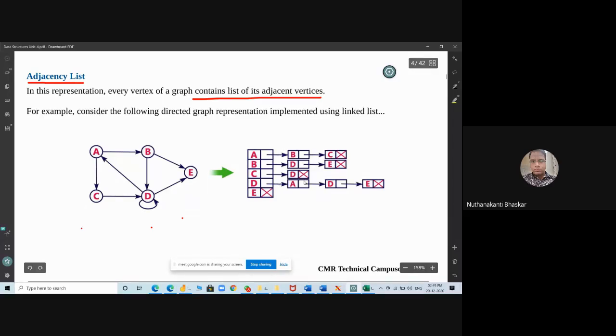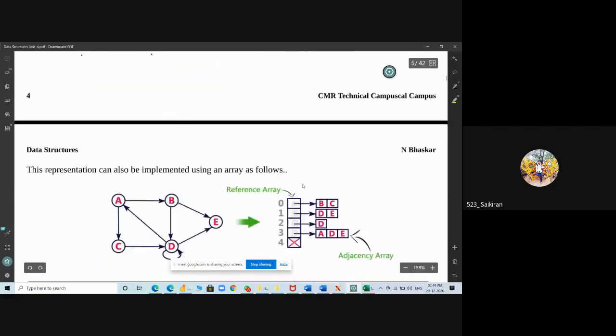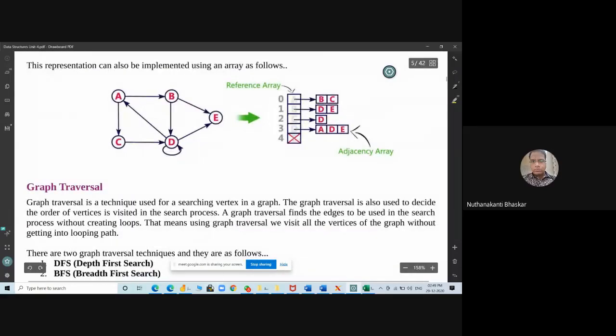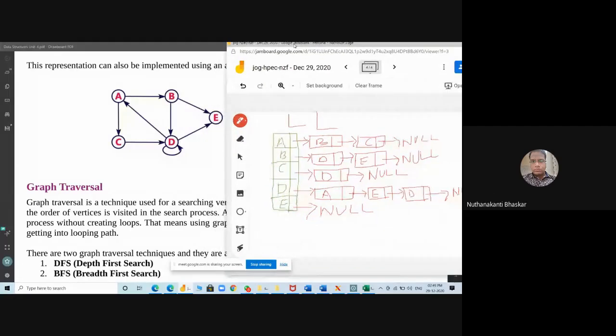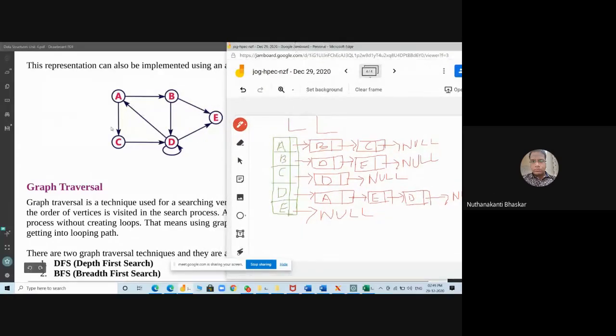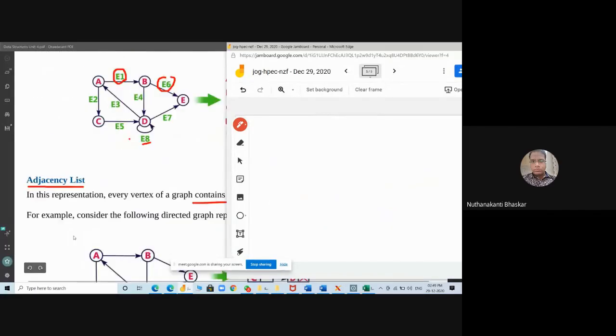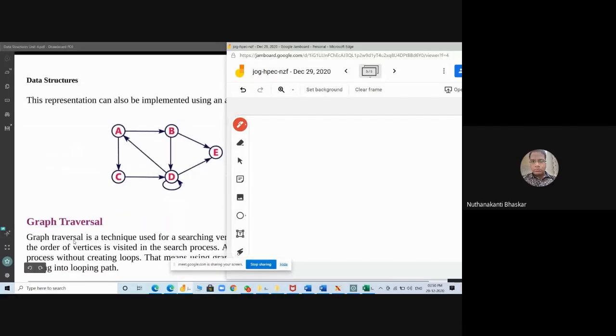Now with help of array, we can represent the same graph, a directed graph, also. For adjacency list, we can represent with linked list as well as with array. Are you clear?